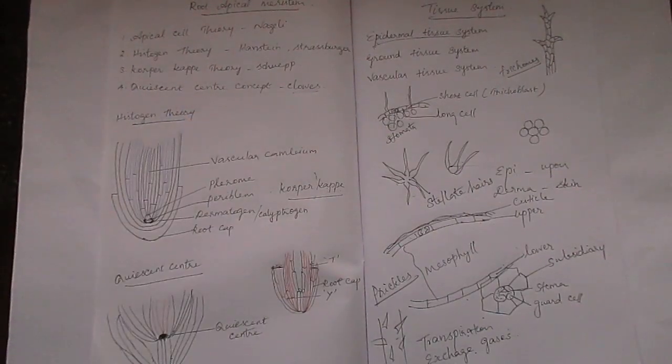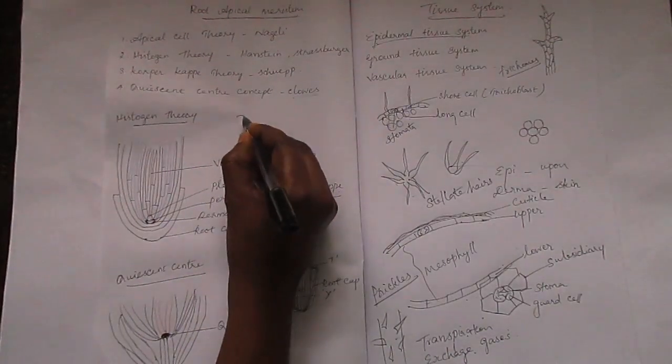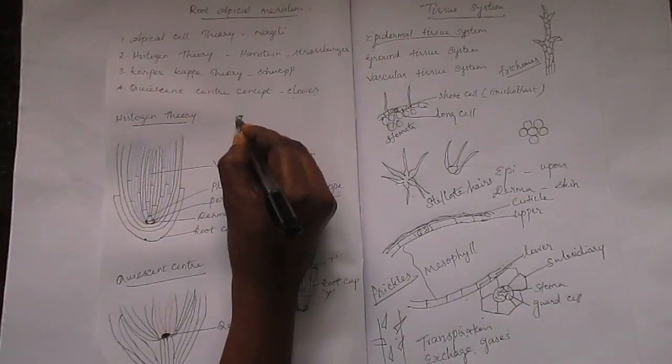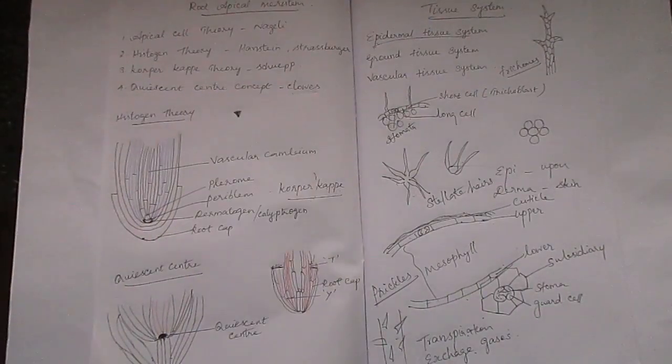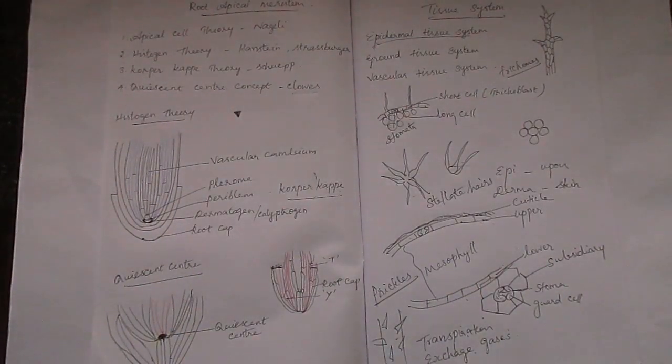Apical cell theory, which was proposed by Nageli. A single apical cell or apical initial composes the root meristem. The apical initial is tetrahedral in shape and produces the root cap from one side.